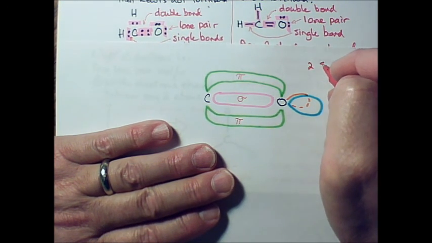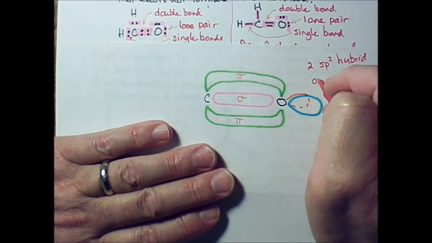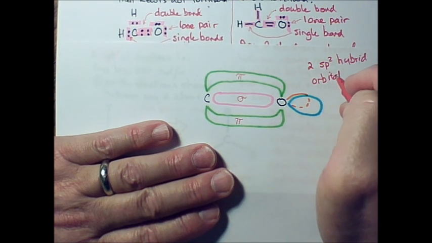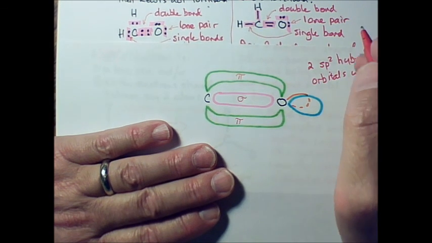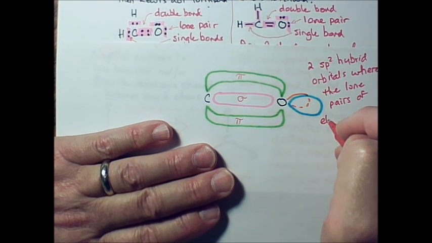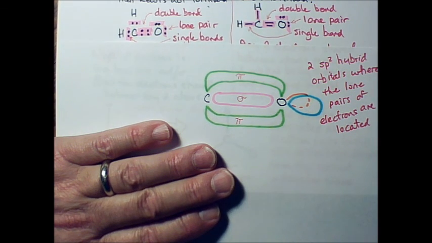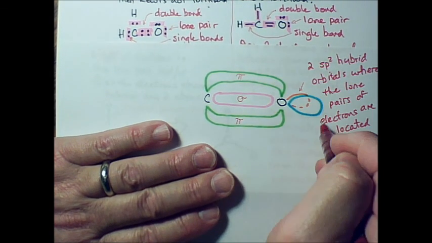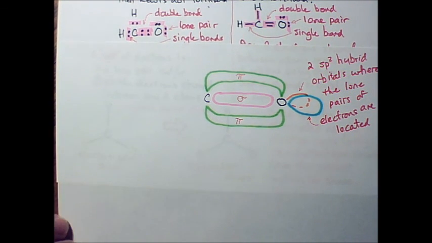So these are two sp2 hybrid orbitals, where the lone pairs of electrons are located. One of them here, one of them here.